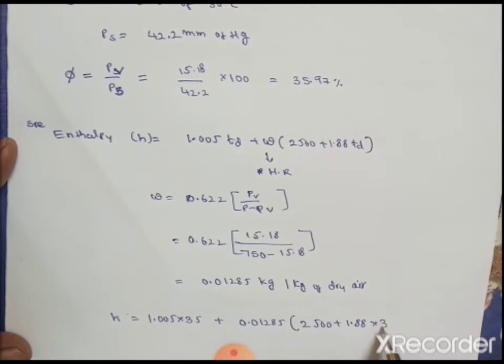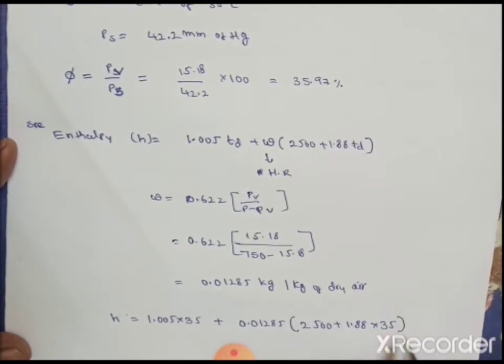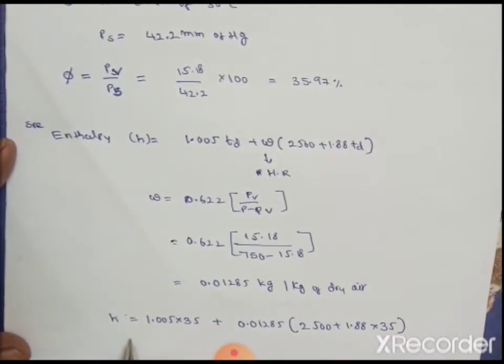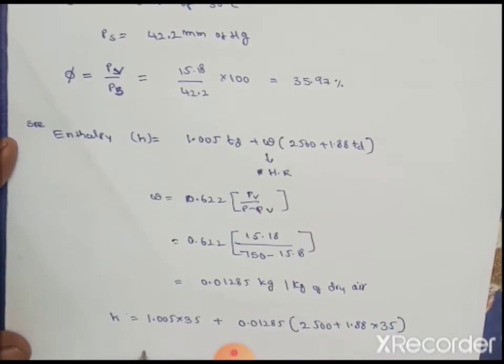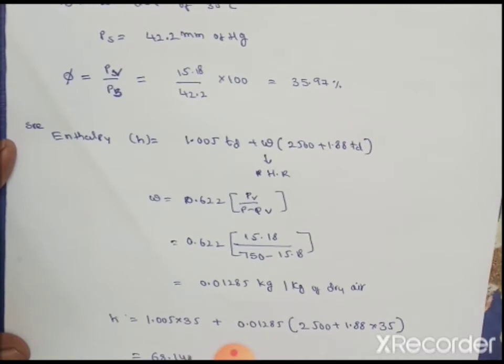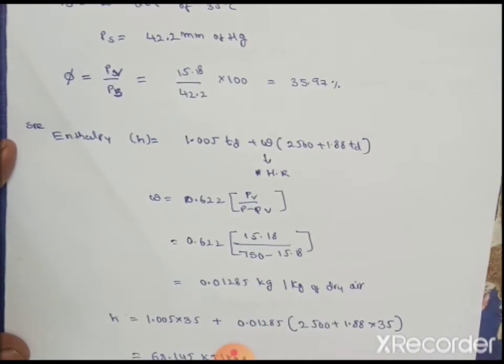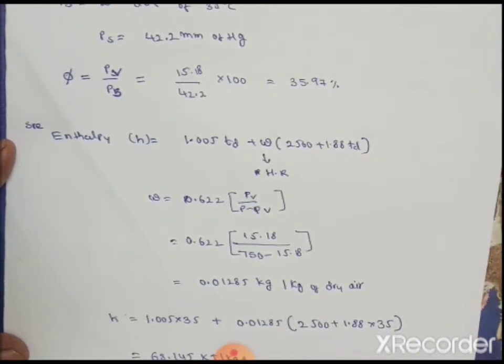That is equal to 35 degrees centigrade. Next is the humidity ratio, which is equal to 0.01285. Next value is 2500 plus 1.88 times the dry bulb temperature, 35 degrees centigrade. So finally from the calculation, we get the value of 68.145 kilojoule per kg of dry air.